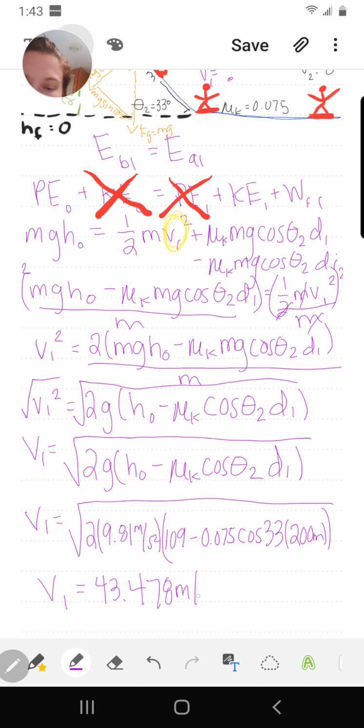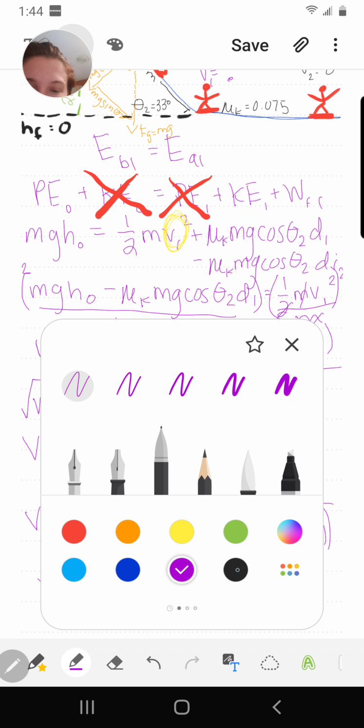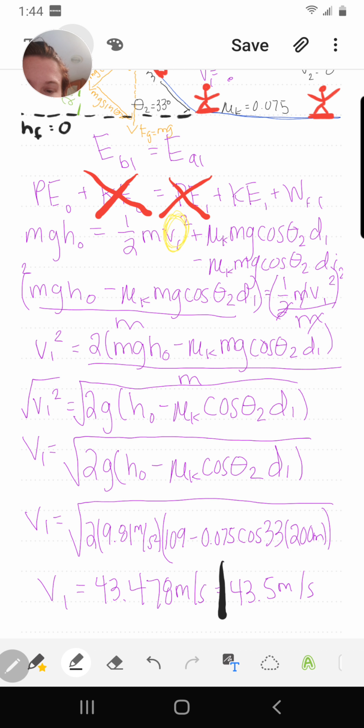Okay, and our final answer comes out to be 43.478 meters per second. Well, we need to consider significant figures, so 43.5 meters per second. And that is our velocity.